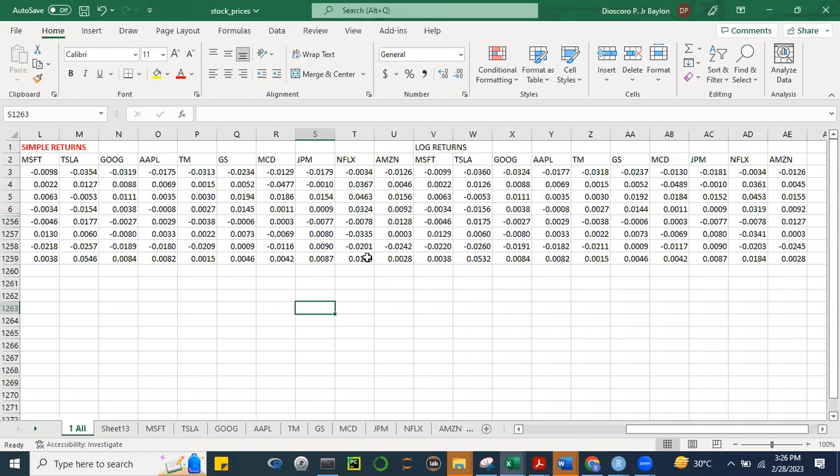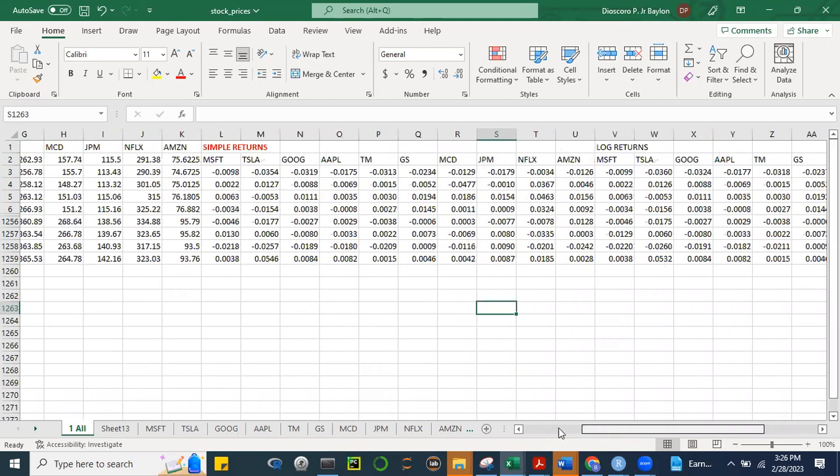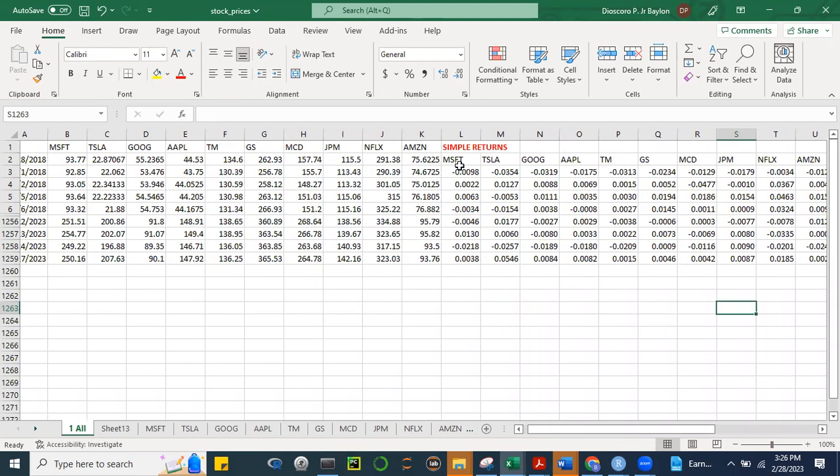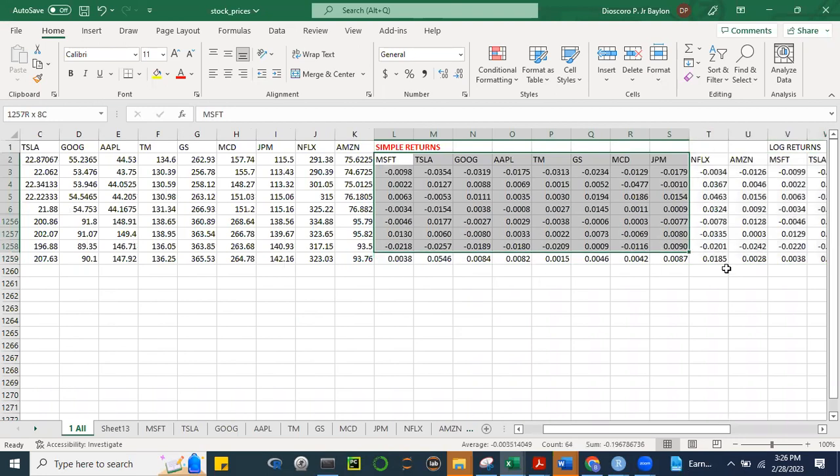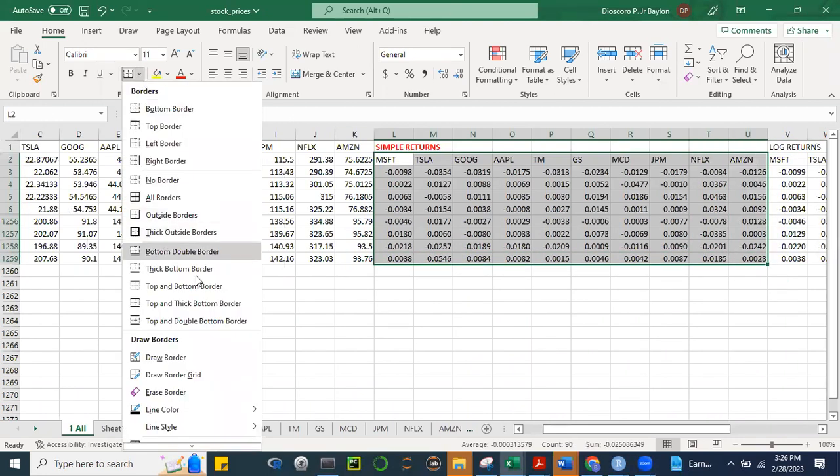All right. So, if we're going to use the log returns, okay, ito pala yung simple returns natin. Let me just put this in a box.